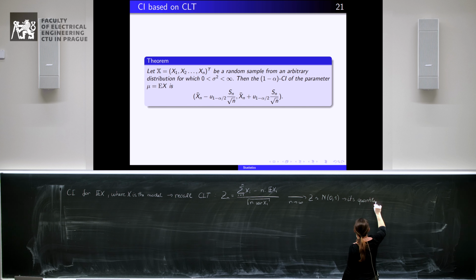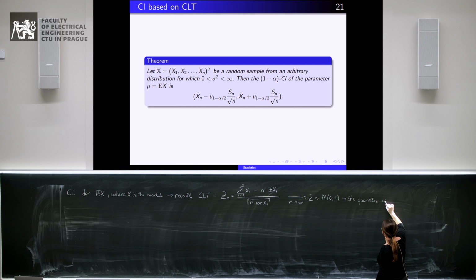Its quantiles, which are denoted u, where each quantile has an index p, can be found in statistical tables. One of these tables you have on my webpage.